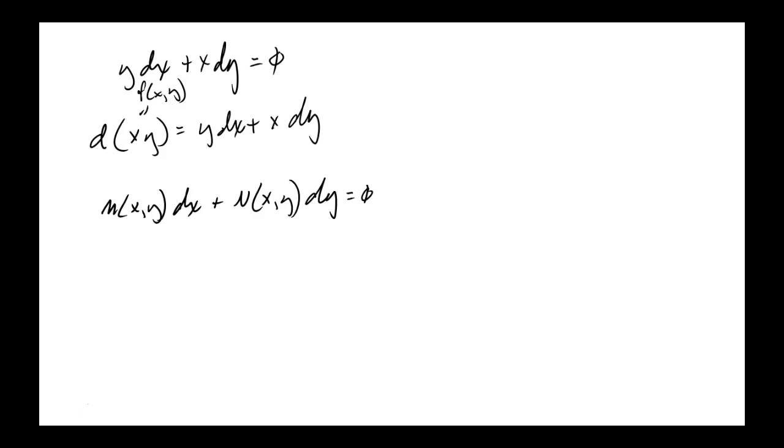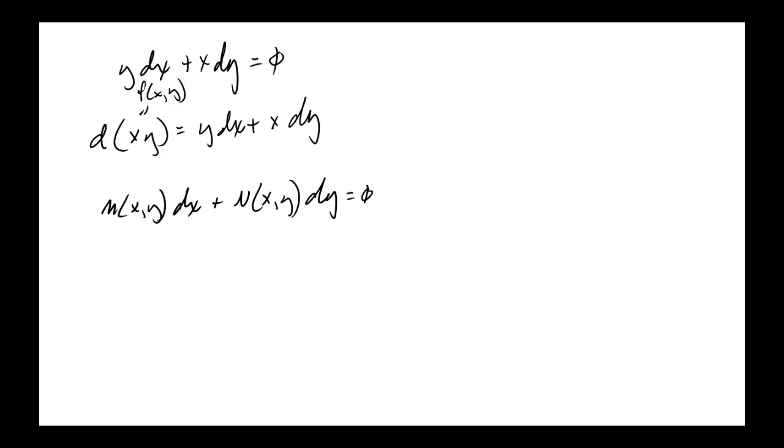Now, here's going to be our approach. We're going to do a test of M and N to see if this is what we call an exact differential. First thing we're going to do is see if it is an exact differential. If it is, then we're going to proceed with an illustration of how to solve it.